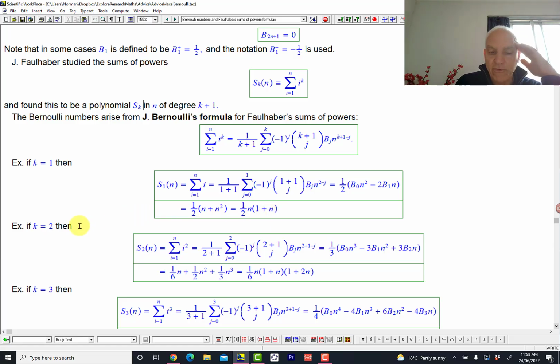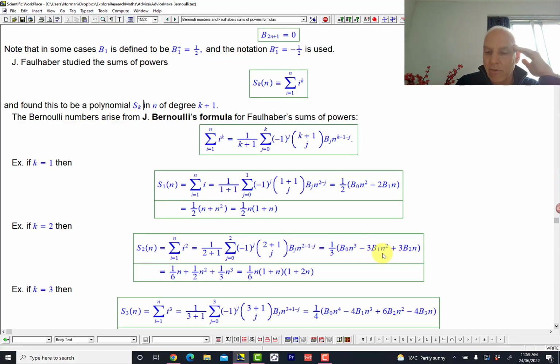When k equals 2, s sub 2 of n equals the sum of the squares. The formula is that it's 1 over 2 plus 1, sum j equals 0 to 2 now, minus 1 to the j, times the binomial coefficient 2 plus 1 choose j, b sub j still, and multiplied by n to the 2 plus 1 minus j. So we get 3 terms. Here's j equals 0, b0 n cubed.